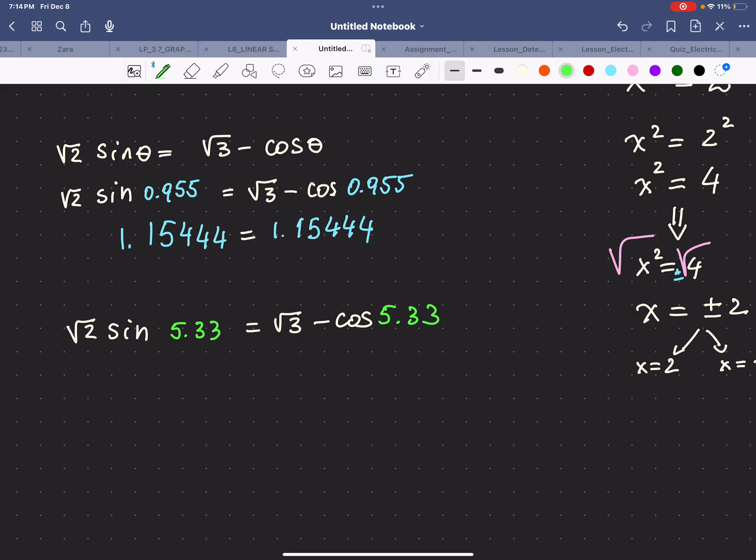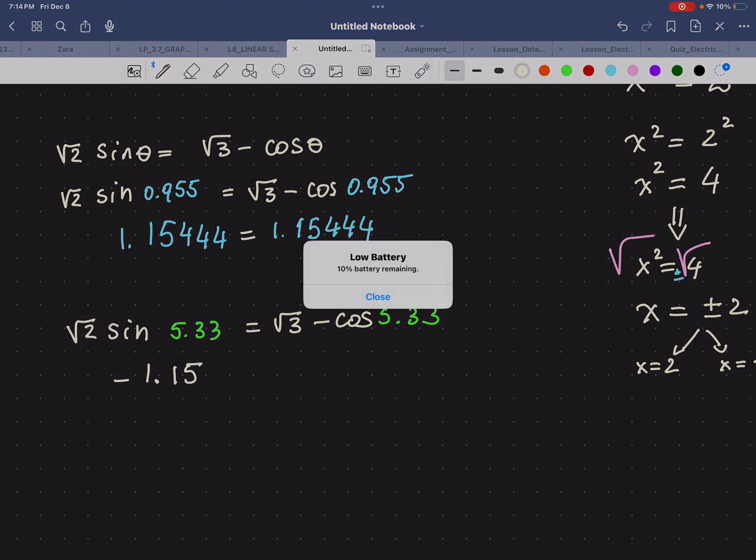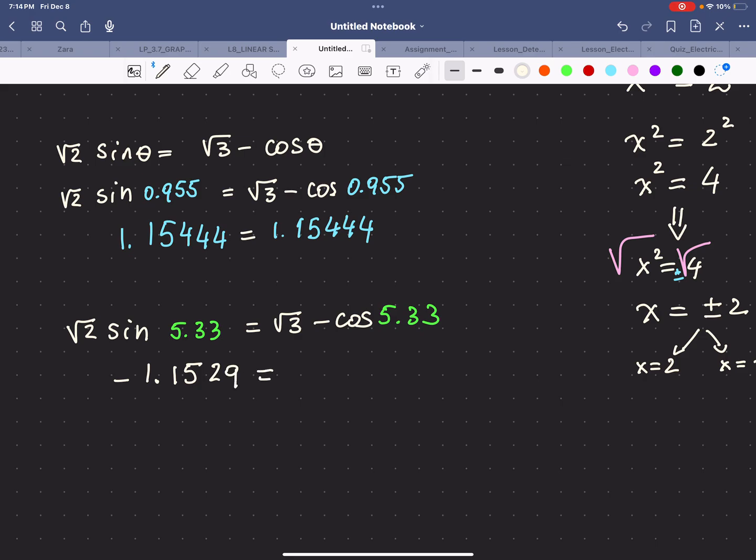So square root of 2 multiplied by sine of 5.33, that gave me negative 1.1529. Now, the other side, I'm going to make it green because why not? So, negative 1.153. That's the left side.